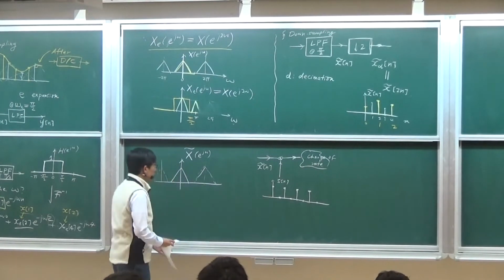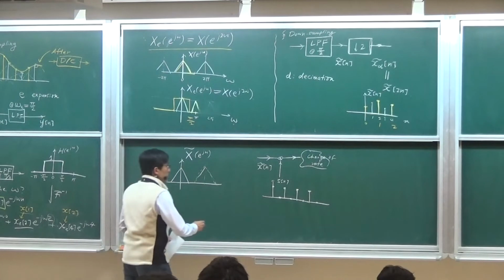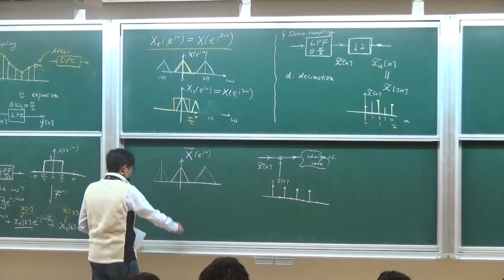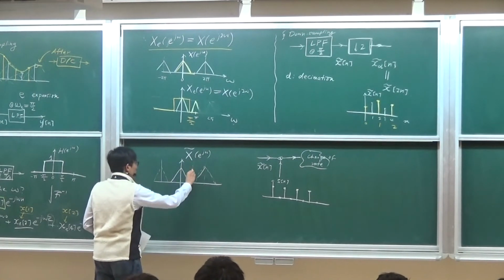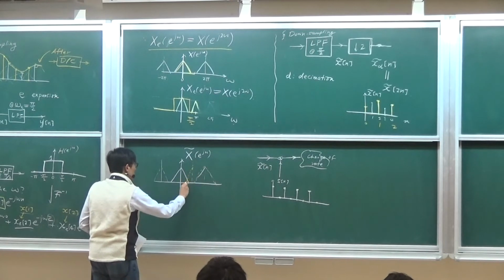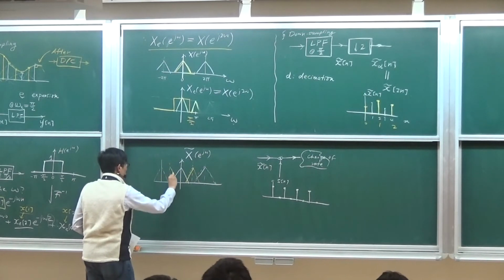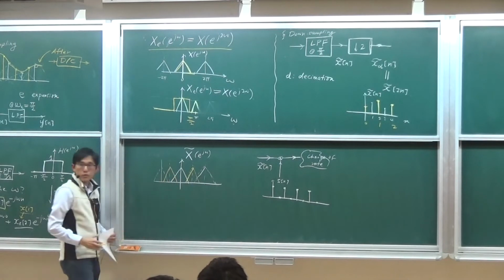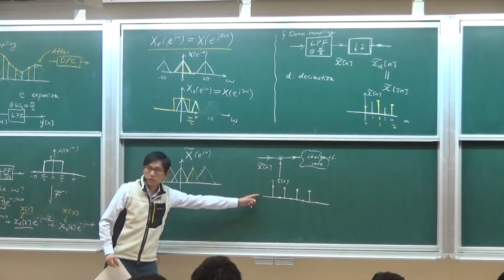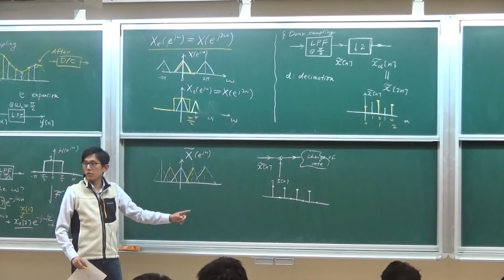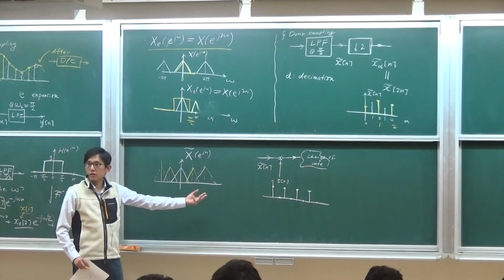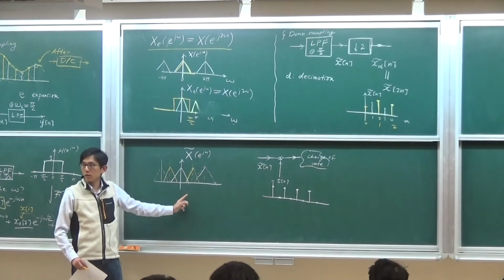Now we know that the selection function is basically, we will have an extra copy in here. We have an extra copy in here, because the Fourier transform of this selection function is also a sequence of delta functions in the frequency domain.